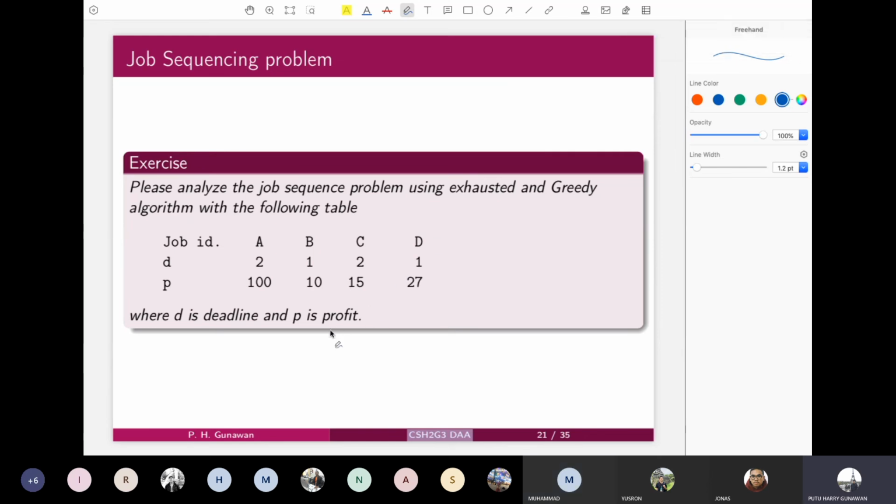Now how to solve this problem? You need to rewrite the table again, but in sorted order.